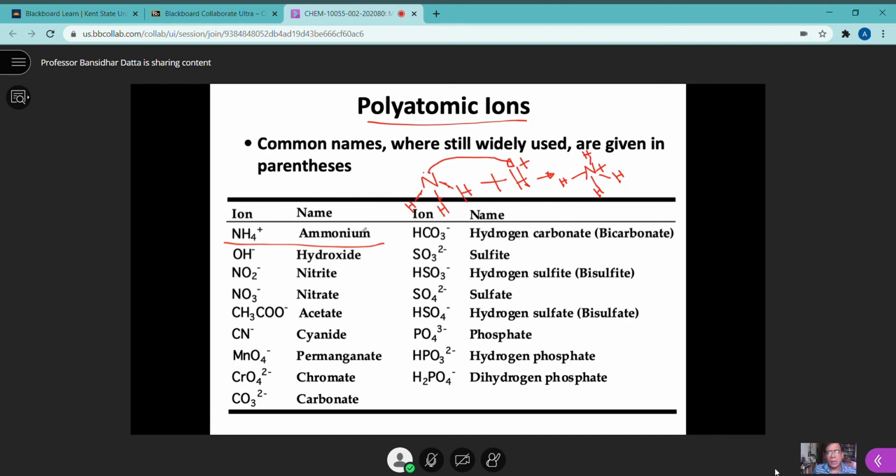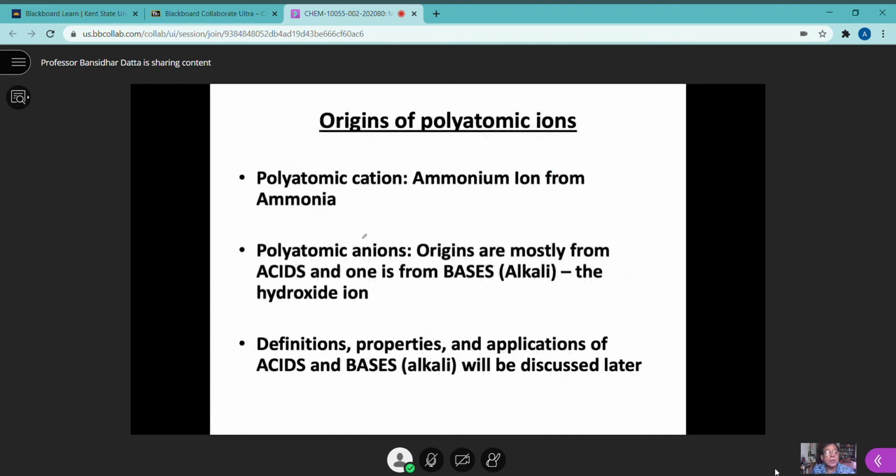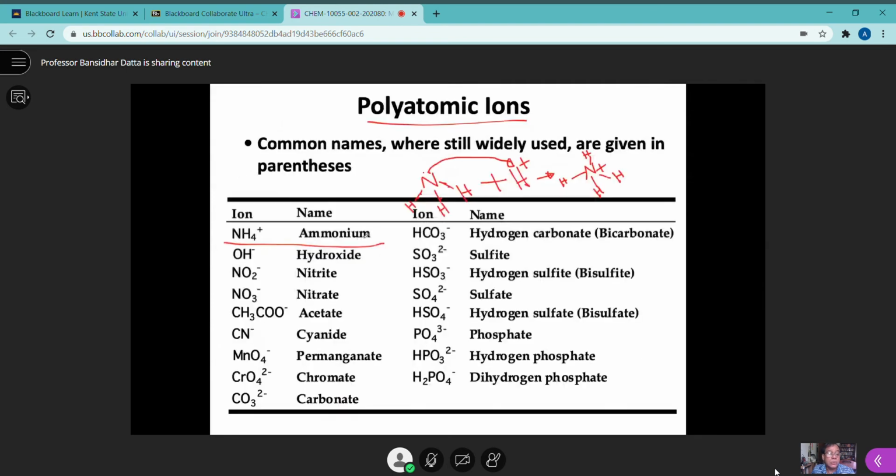When you make the compound, there are several polyatomic anions, and that includes the hydroxide ion. So you must remember the hydroxide ion. Oxygen is group 6, 2 minus. Hydrogen is 1 plus. If you add them together, it's 1 minus remaining, and that is our OH minus, hydroxide ion.